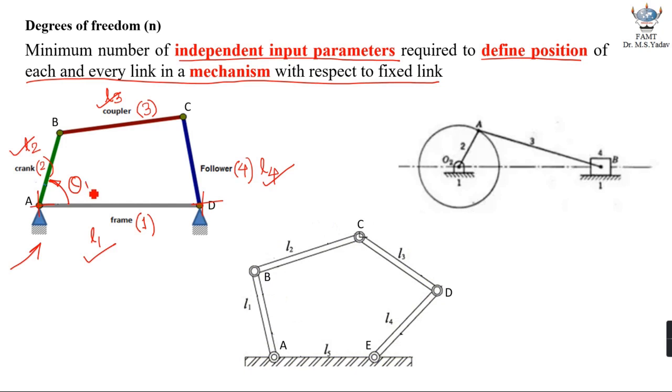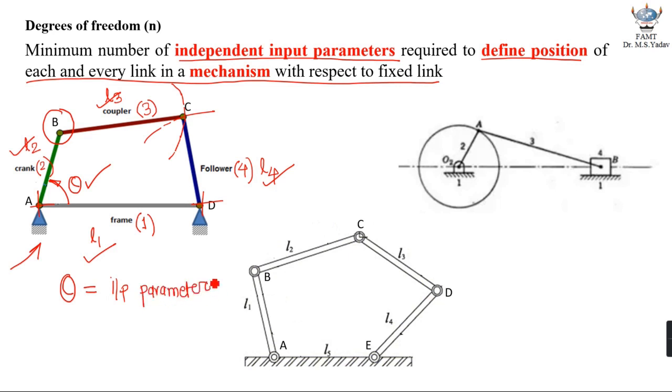With this given angle theta, I will determine position of point B. Then with B as center and BC as radius, I will be drawing one arc, and with D as center and DC as radius, I will be drawing one more arc, and their intersection will give me point C. So apart from L1, L2, L3 and L4, I am in need of theta to determine position of other links in the given mechanism with respect to fixed link. So this theta becomes the independent input parameter.